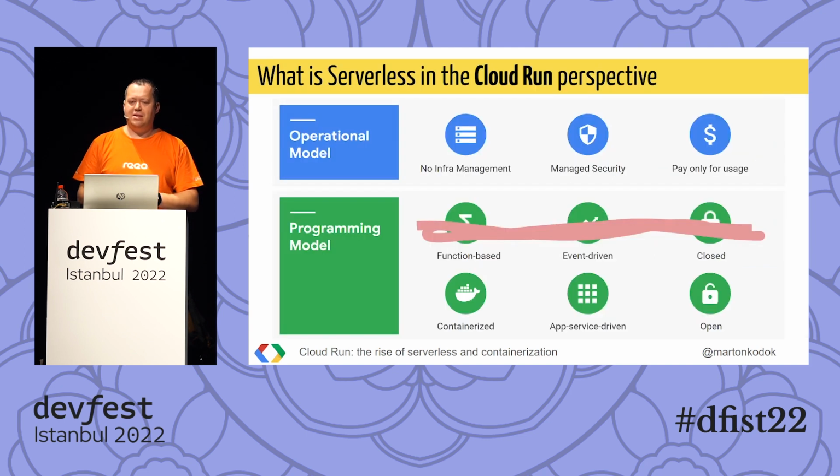What is serverless in the Cloud Run perspective? This is really easy and different. You need to shift your minds. Initially, there was in the history FTP uploading code, deploying them to VM machines. Then we developed functions.